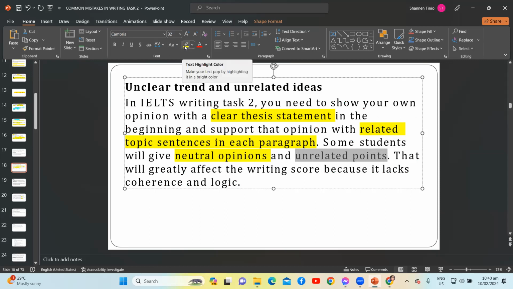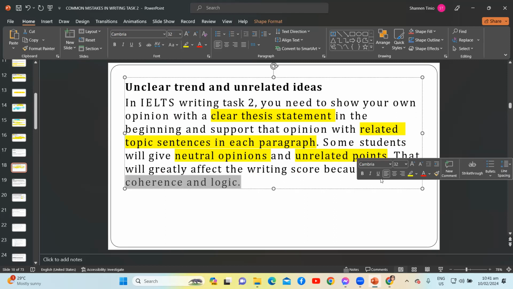Because malilito sa'yo yung mag-check. Ano ba talaga gusto mo? Agree ka ba or hindi? As I said, don't be indecisive when giving your stand. You have to stick with it, justify it, expound it. Got it? Because if you don't, it will lack coherence and logic.